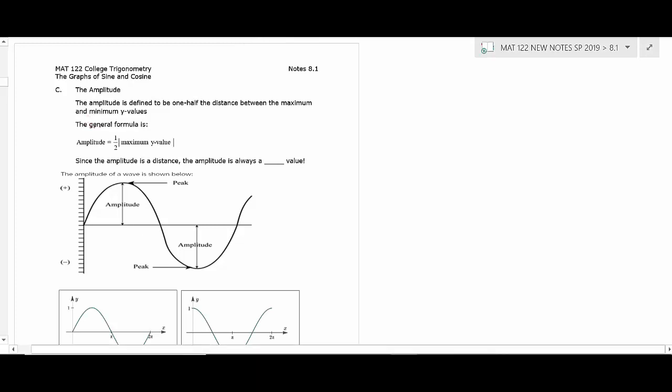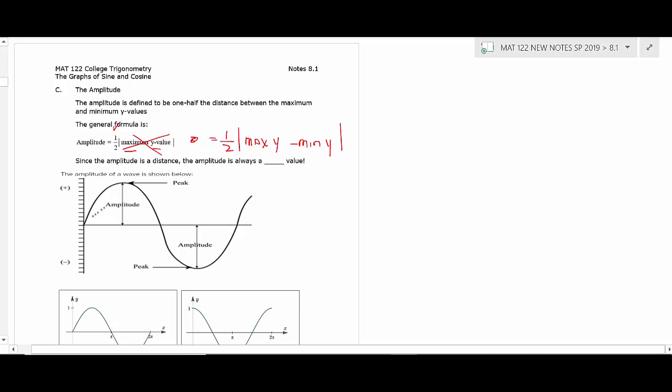Okay, so the general formula for an amplitude is you take half the distance between the max. Boy, this thing didn't come out right either. Maybe that just didn't export onto my handout okay. I hope it came out on your handout okay. That should be 1/2 the max y minus the min y. Okay, like that. So that's the formula.